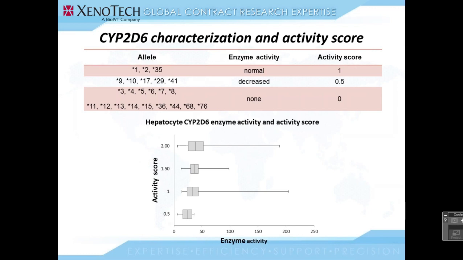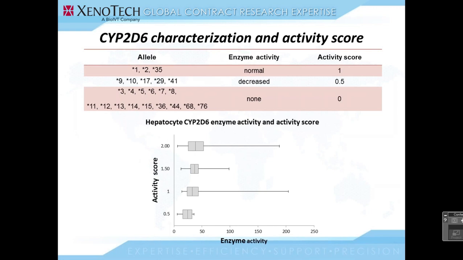The box and whisker graph also illustrates a significant variation in enzymatic activity in cells from donors with the same activity score. The variability determines the cumulative length of whiskers to the plus and to the minus side.